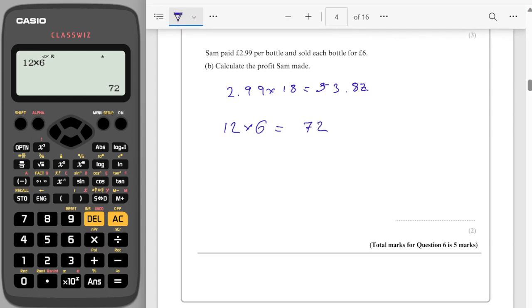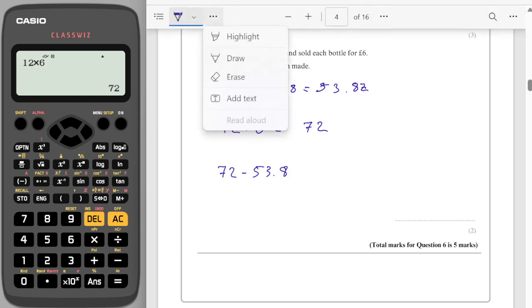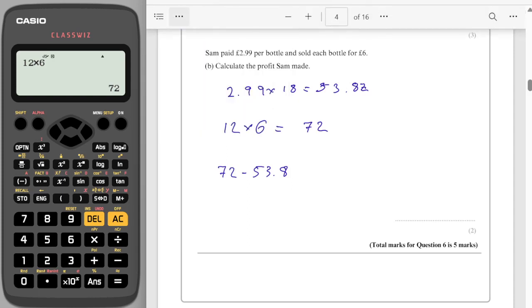It doesn't say calculate the percentage profit, just the profit that he made. So I'm going to do 72 minus £53.80. I can't quite remember whether that was a 2 or a 7. I've written it very badly either way. So let's clear that up.